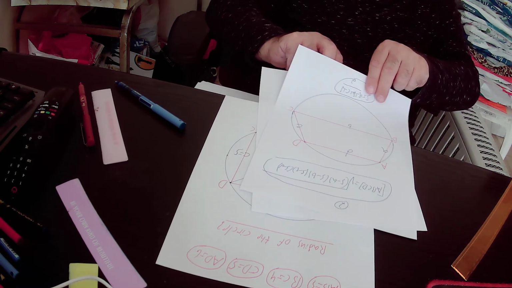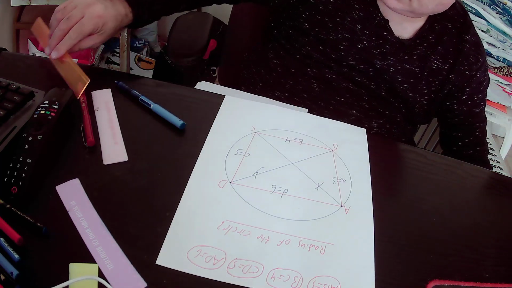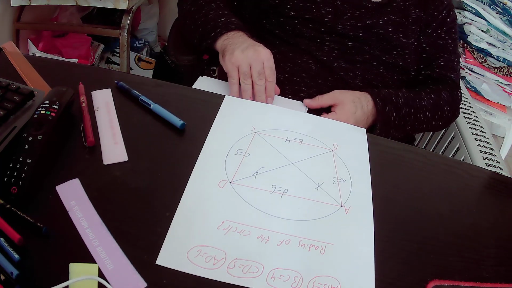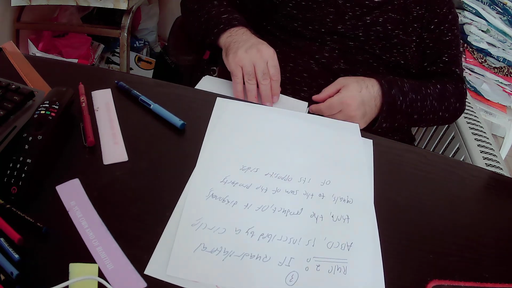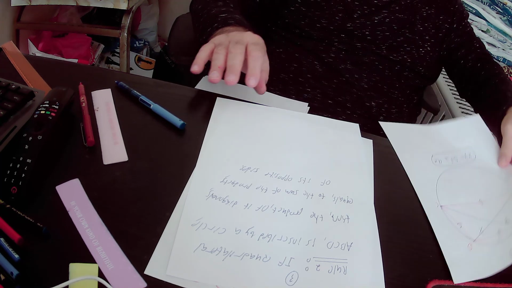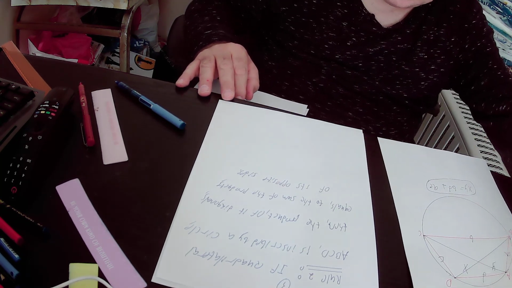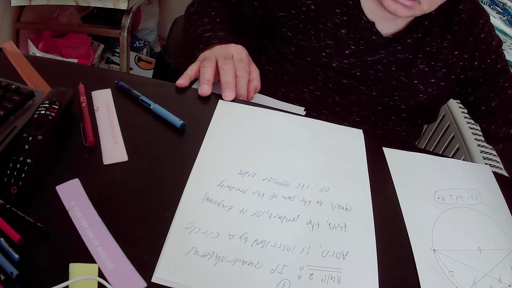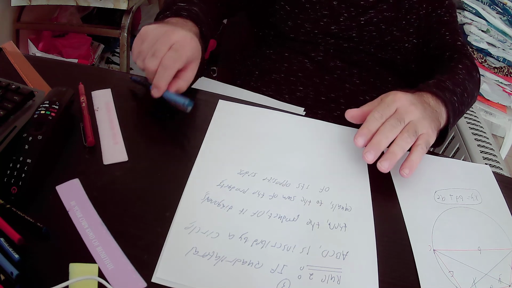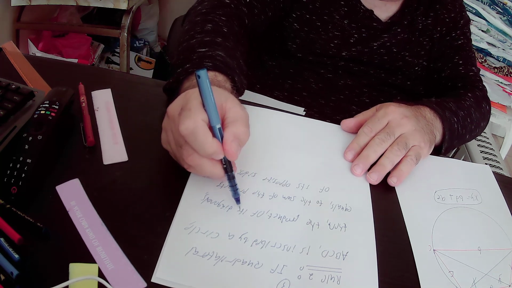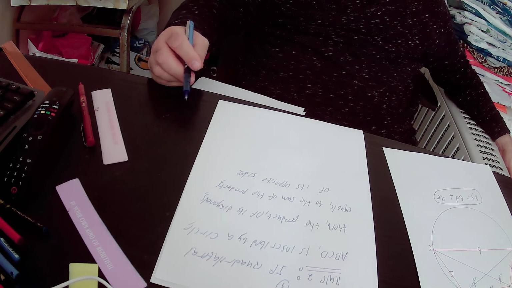And we also have rule number 2. Rule number 2 states that if quadrilateral ABCD is inscribed by a circle, then the product of its diagonals equals the sum of the products of its opposite sides.